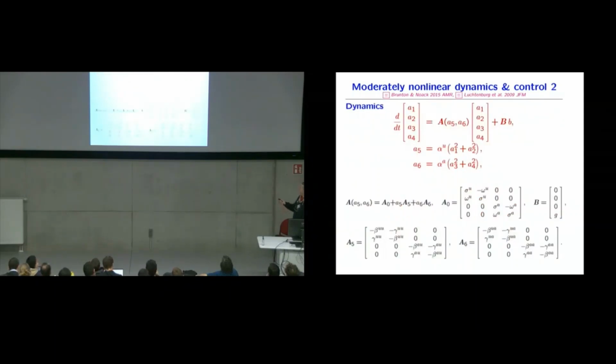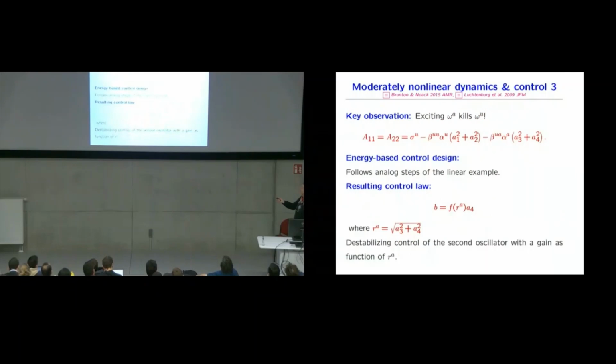And you can show that the general structure of the dynamics, derived from harmonic balances and so on, looks something like that. I will not go into much detail. You can now do the control design. You only have to focus on the growth rate of the first oscillator, which we have seen already earlier. You can do energy-based control, so you can make the ansatz B. You want to destabilize the second oscillator, so you make this ansatz, and you say the fluctuation level has to be on a certain level.